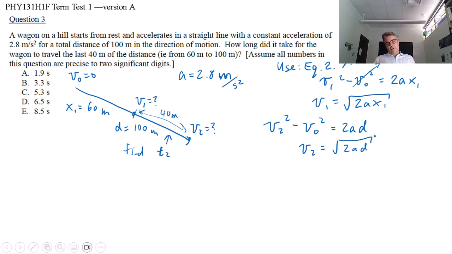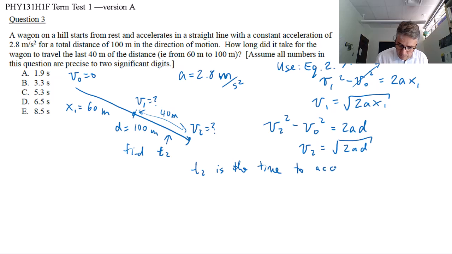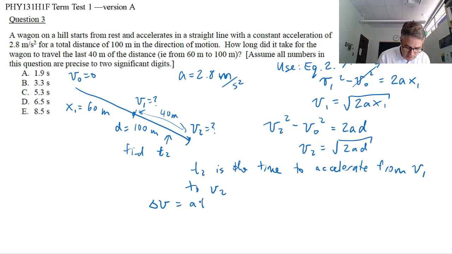And actually, I think that the time t2 is the time to accelerate from v1 to v2, because it gets to v1 here and v2 at the end. I have both those numbers, and I know that delta v is equal to acceleration times time. So time 2 is going to be v2 minus v1 divided by the acceleration.